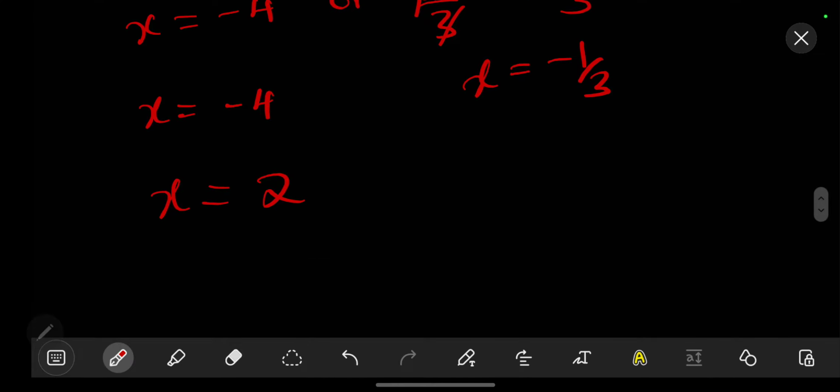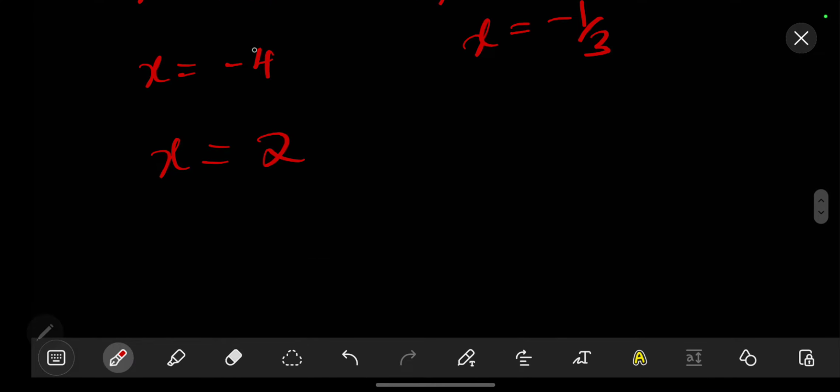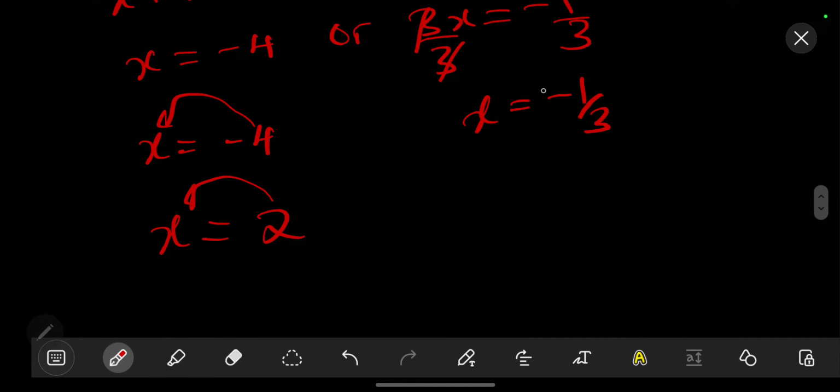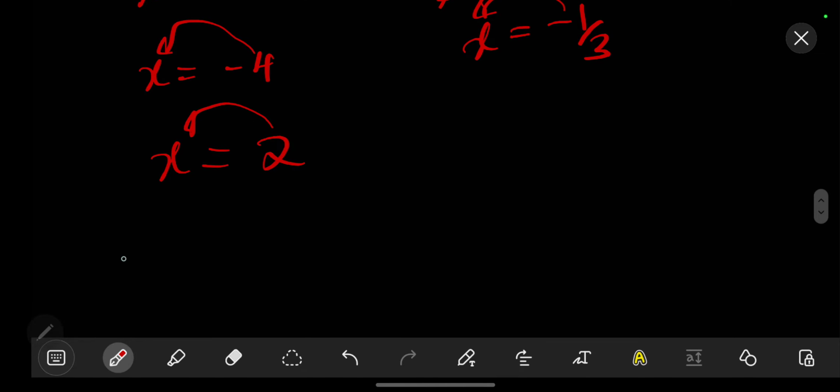If they want you to factorize, all you have to do is take this the other side, take this the other side, also take this the other side. If you are factorizing, the equation was 3x squared, then we had plus 7x squared minus 22x, then we have minus 8, sorry.